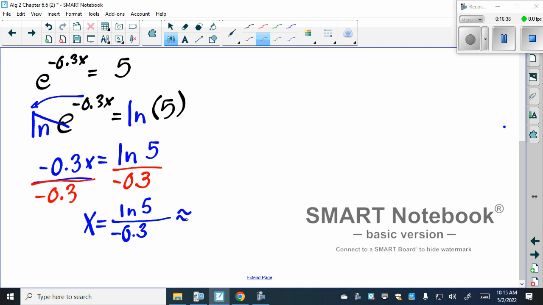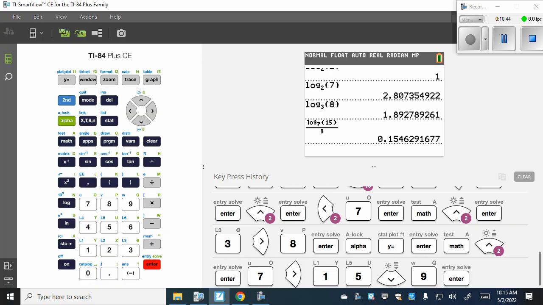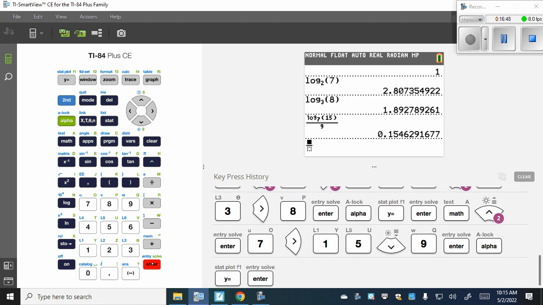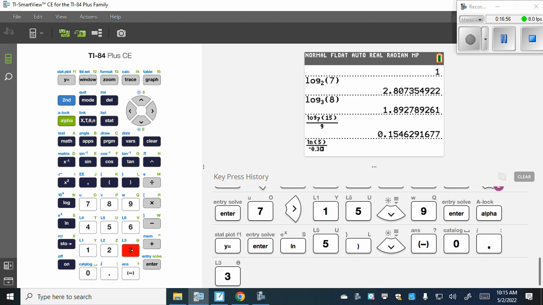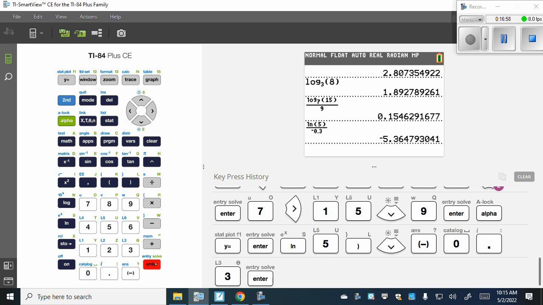Now luckily this one here is nicer to type into the calculator because natural log is just our ln button. So we can go alpha y equals enter to get our fraction, ln of 5 over negative 0.3, enter, and we get negative 5.365.